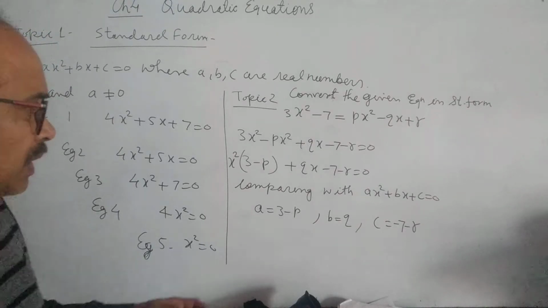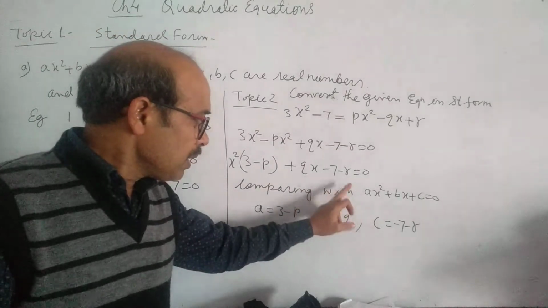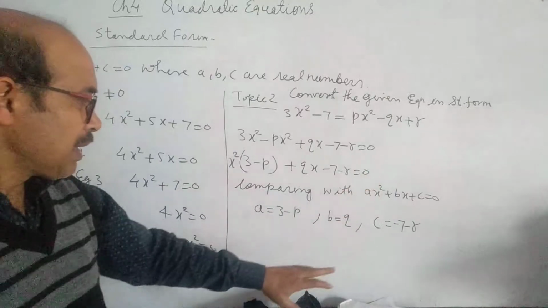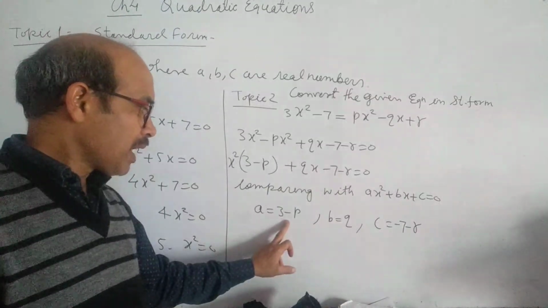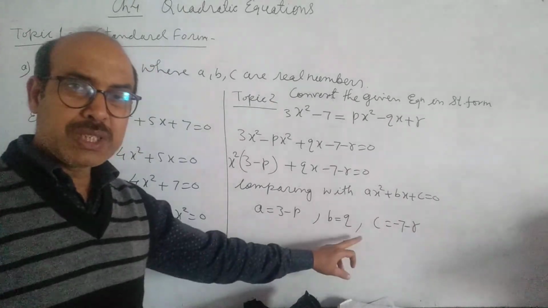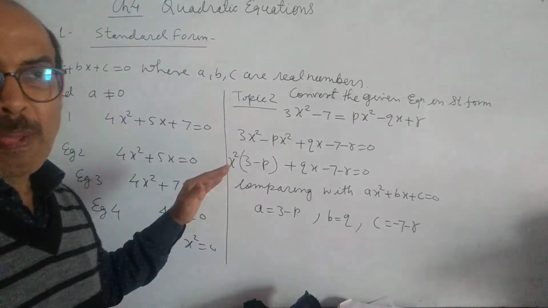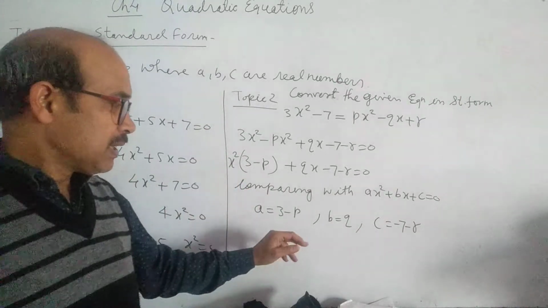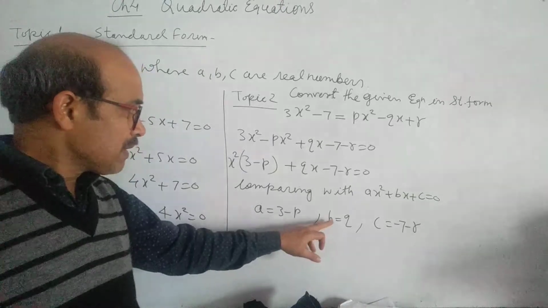Clear? Now the constant term can be one or more than one. Similarly, the value of a can be a binomial, trinomial or monomial. So this point you have to remember. Sometimes it is possible that small a, b, c is already there.